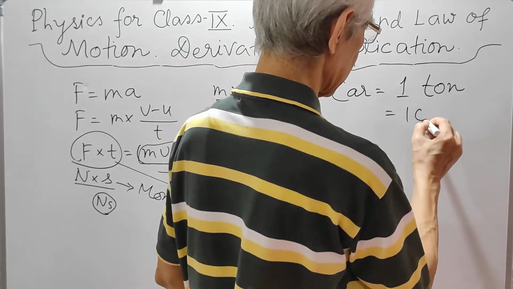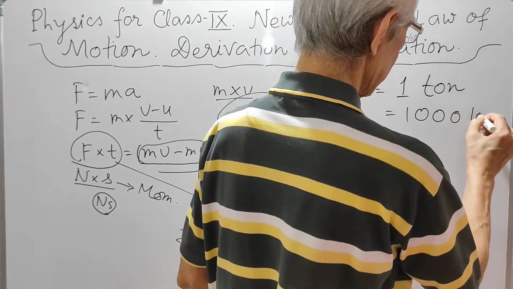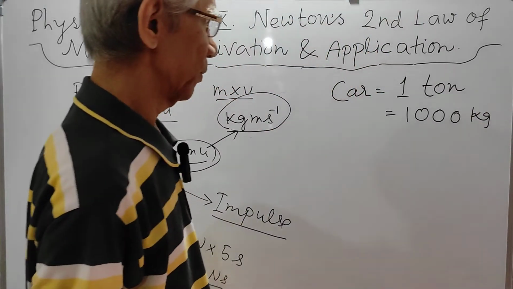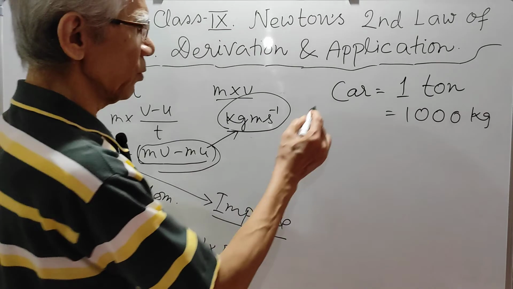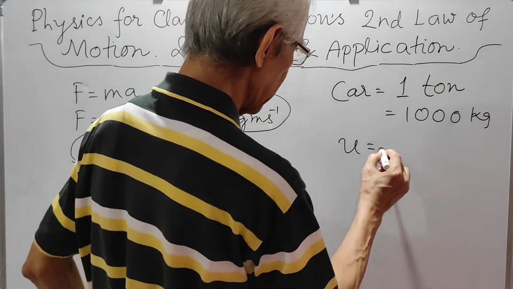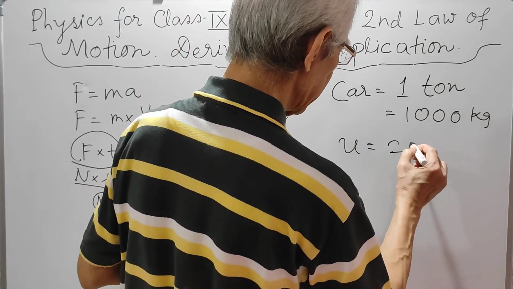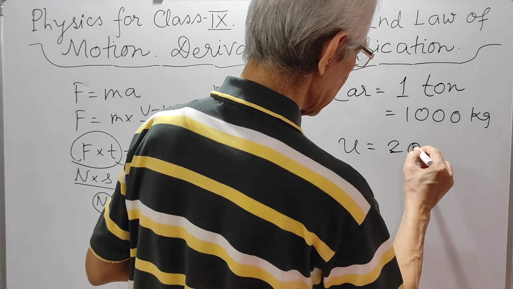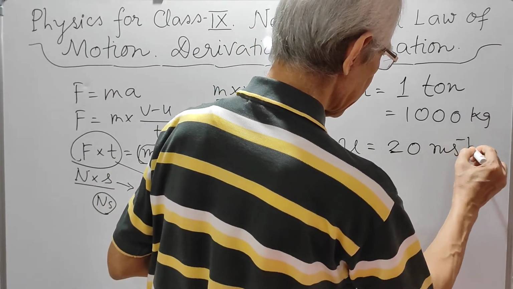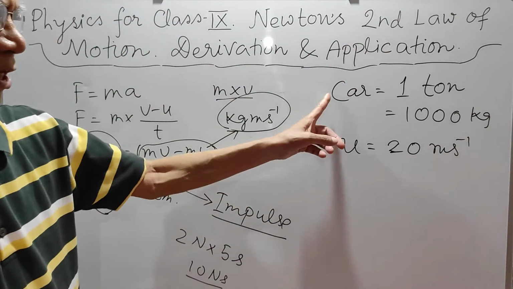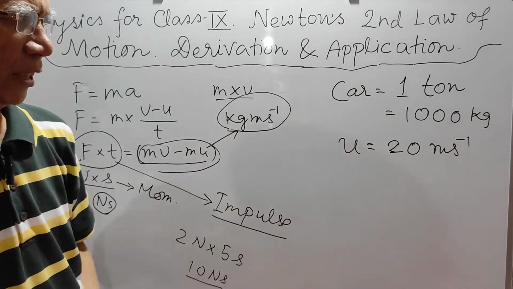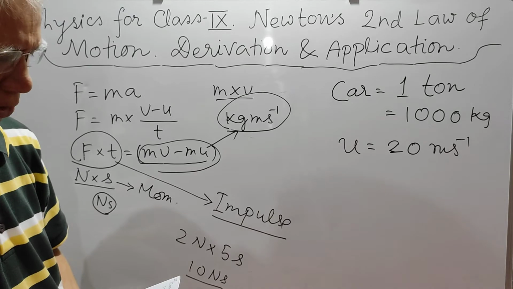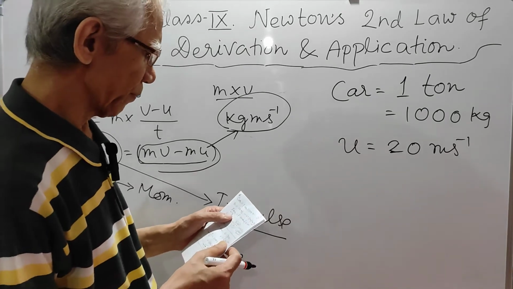All right. Now it is moving with initial velocity, suppose 20 meter per second. So consider a car whose mass is 1 ton, that means 1000 kg. It is moving with an initial, uniform velocity of 20 meter per second.